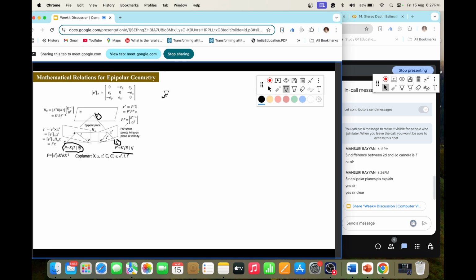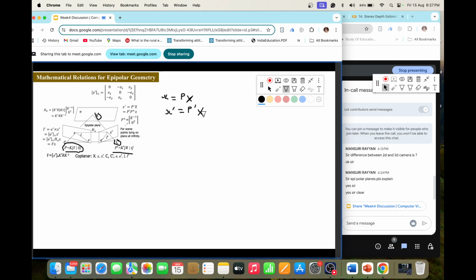Small x will be equal to P into capital X. Similarly, x dash is P dash into X.